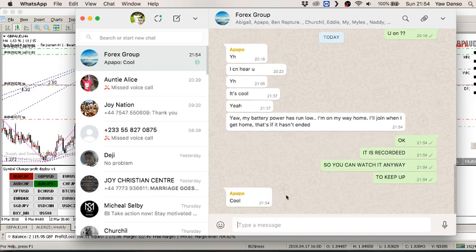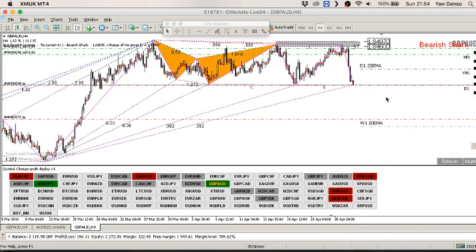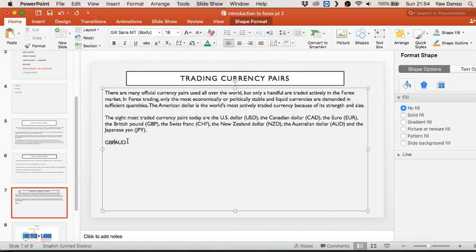Sorry guys. Okay, so this is the pair I was talking about. So you have to then know this. GBP is British pound. AUD is Australian dollar.